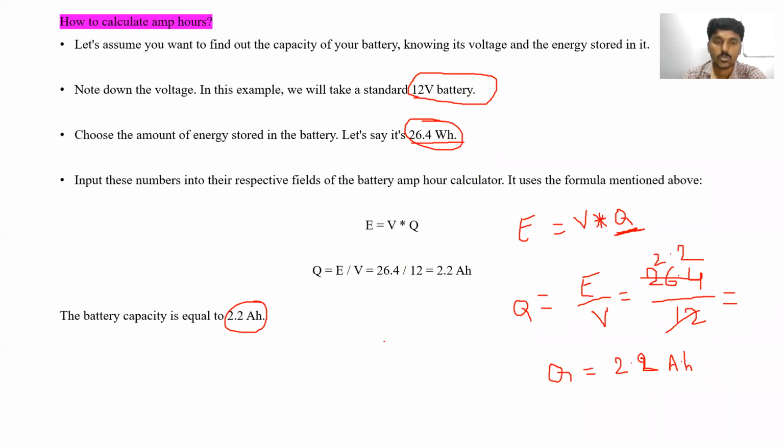Is it right? So what does 2.2 ampere hours mean? Can anyone tell, please? For example, here we have one battery.